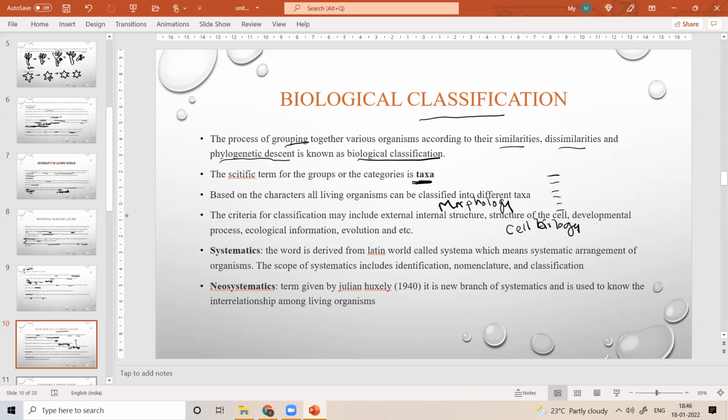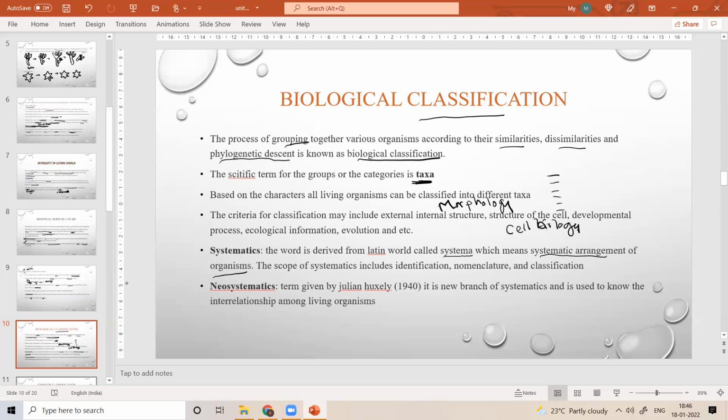So the next thing is systematics. Systematics is a word that is derived from Latin, from the word systema. That means the systematic arrangement of organisms. If we arrange things in a systematic way, that is called systema.